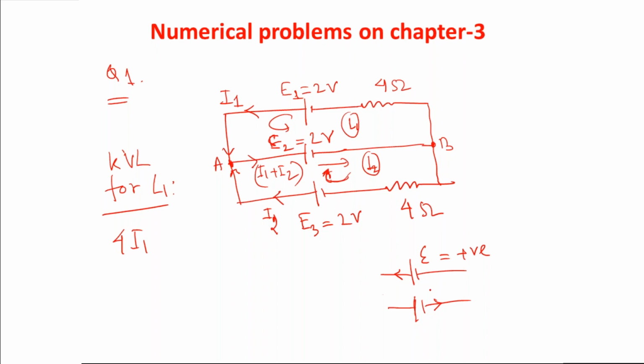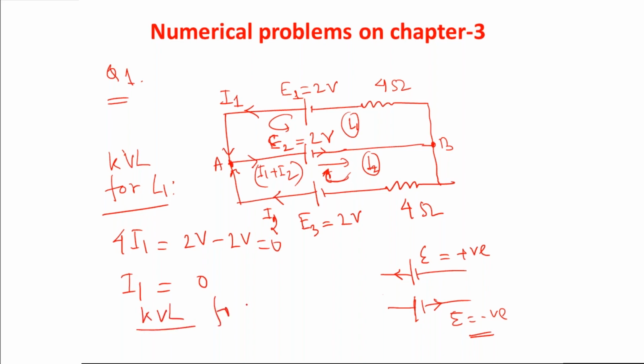If current is flowing out from the negative electrode, then you have to take EMF as negative. So here E1 we have to take positive, and for E2 you have to take negative. So here 2 volt minus 2 volt. So you get 0. So current I1 is 0.